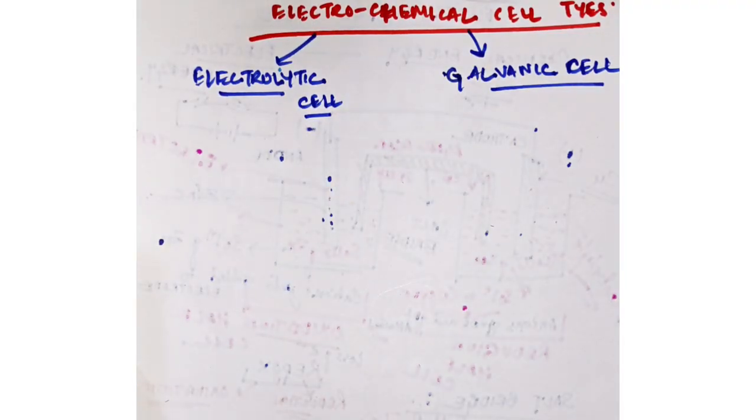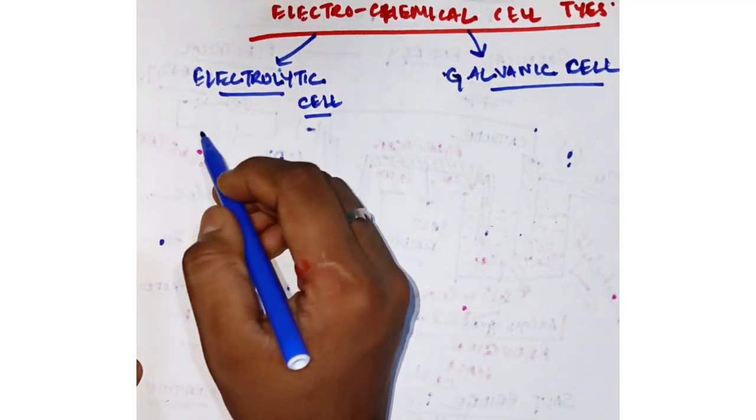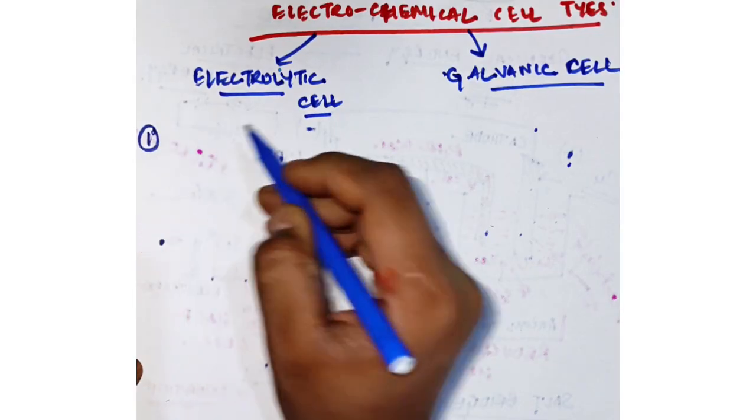Now, what is an electrolytic cell? It is a device in which electrolysis, that is a chemical reaction involving oxidation and reduction, is carried out by using electricity, or in which conversion of electrical energy into chemical energy is done. So here the key differences we will discuss now.